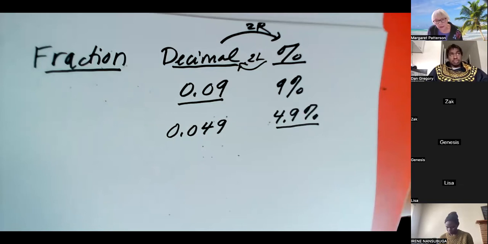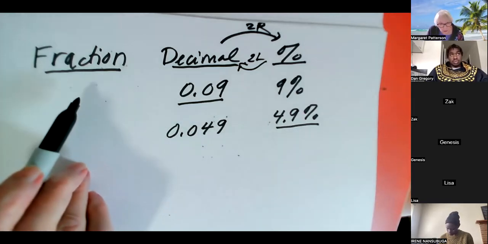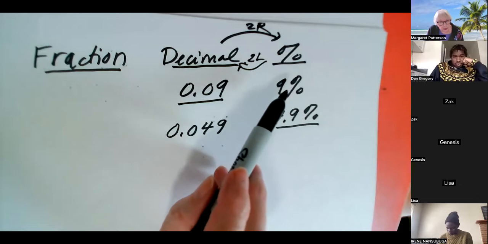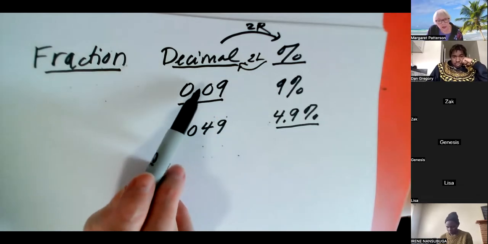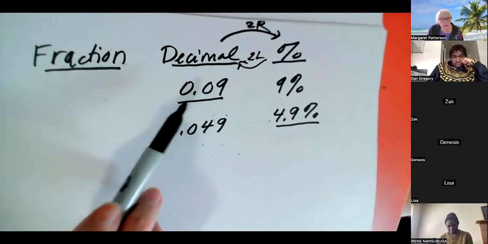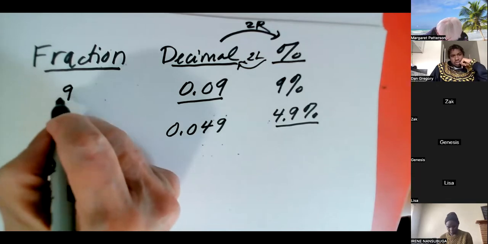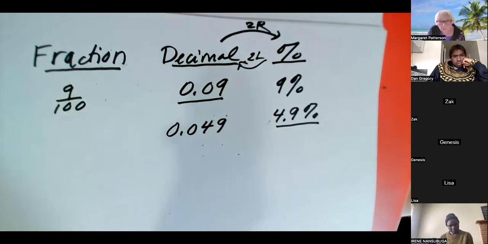Now, let's say I wanted to fill in the whole chart with the fraction. I could fill it in: 9% as a percent, 0.09 as a decimal. What is it as a fraction? 9 over 100.